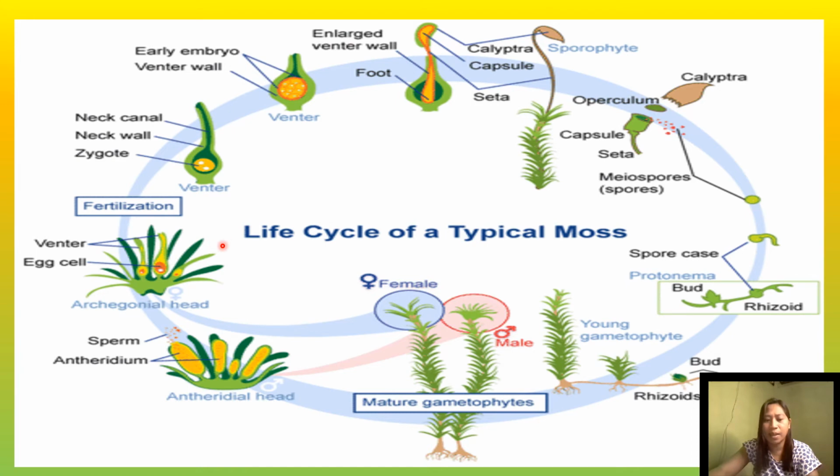It is a thin stalk with a spore case on the top. Okay, ayan. So, look at this one. When the sperm and egg cell of the moss are combined together, they form a zygote. Okay, and the zygote multiplies, ayan, until it grows into a young moss plant.